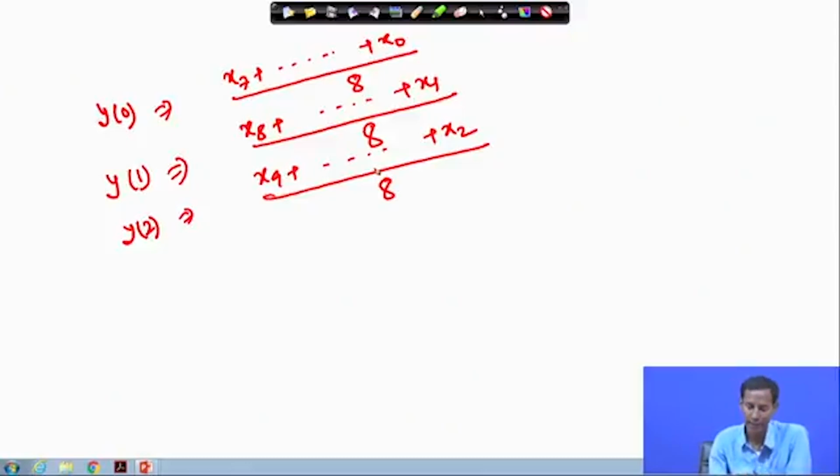So this is the circuit, and this is the concept of a running average circuit.